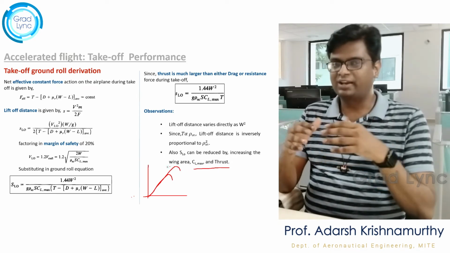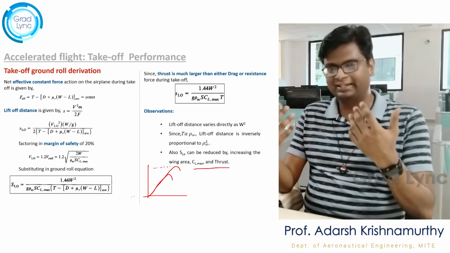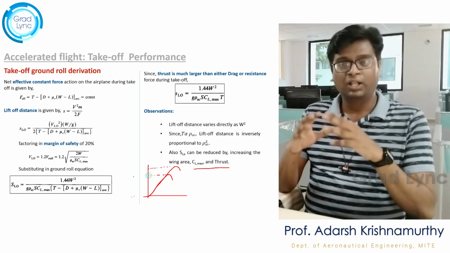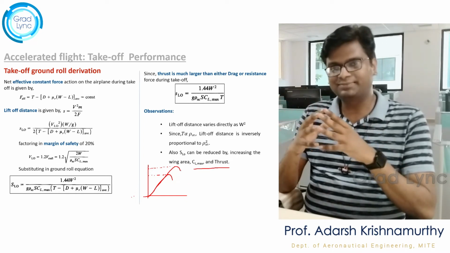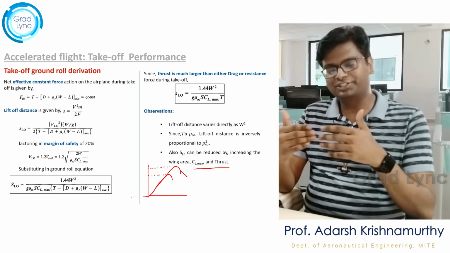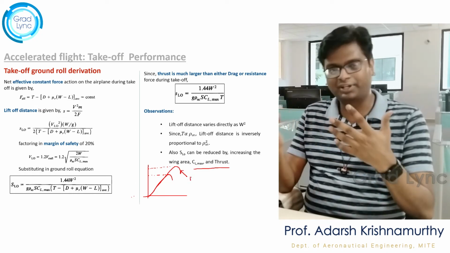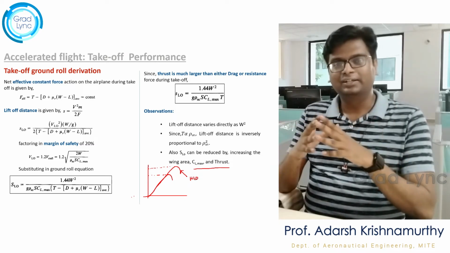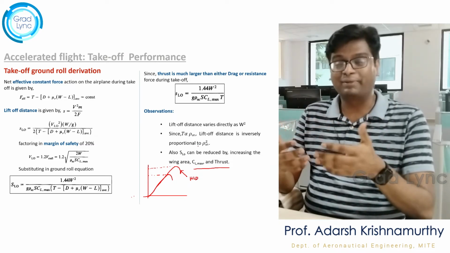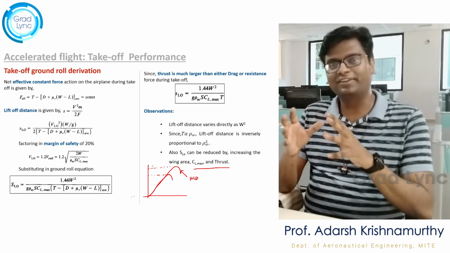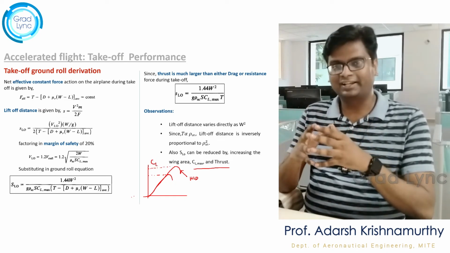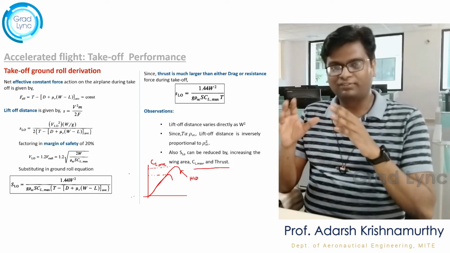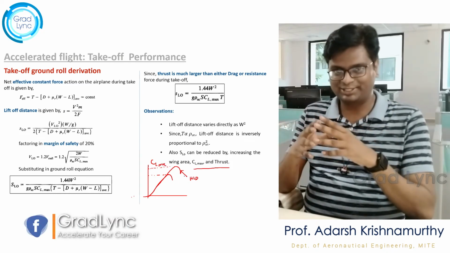There are various types of high lift devices: leading edge flaps, trailing edge flaps, leading edge slats, slots, and many others, based on whether I want a higher coefficient of lift throughout the change in angle of attack, or I just want to increase the coefficient of lift maximum value. So based on the preferences, I select the type of high lift device, and based on that, the coefficient of lift maximum value is going to change.